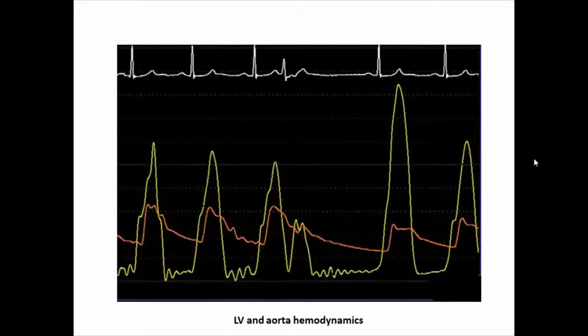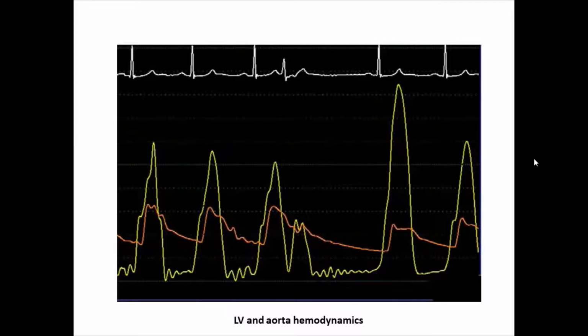The LV is the yellow one, and the orange one is the aorta. Describe what you are seeing. There is a variation in the maximum systolic gradient.